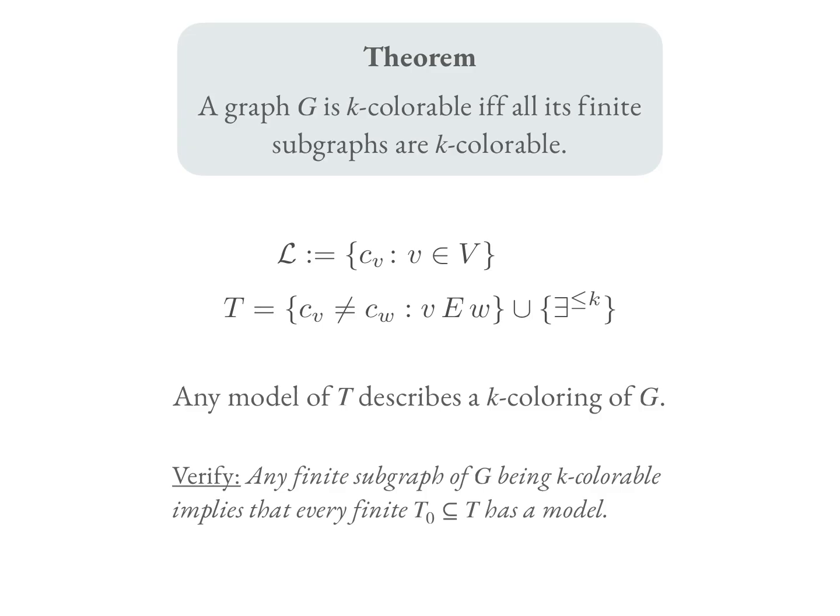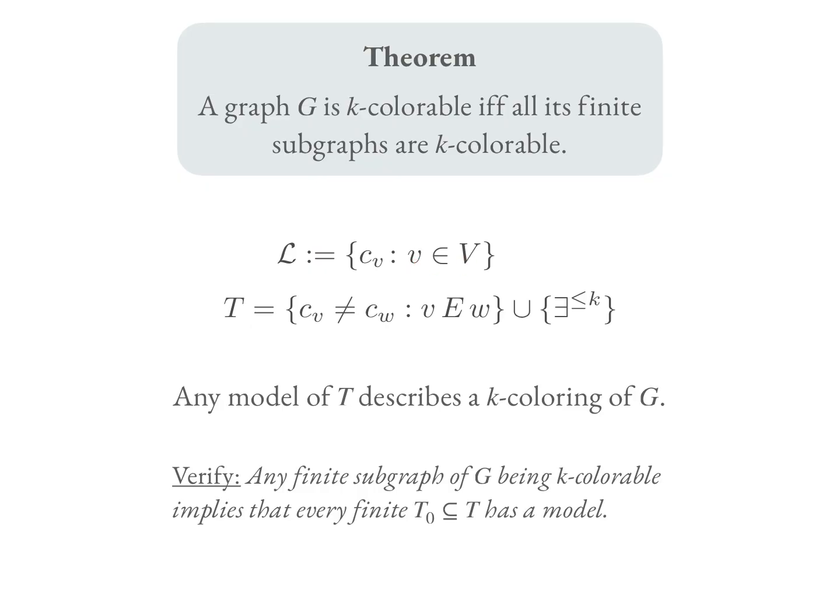So here we completely create our language from scratch, so to say. We start with adding a new constant symbol for every vertex in the graph. So the language will just have constant symbols, and the constant symbols represent the vertices in the graph.